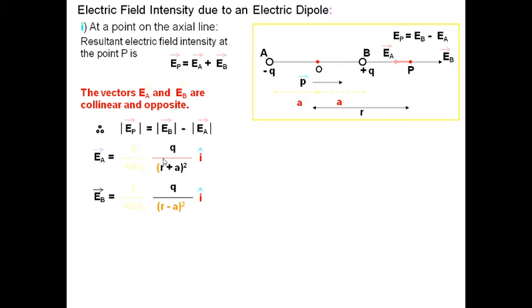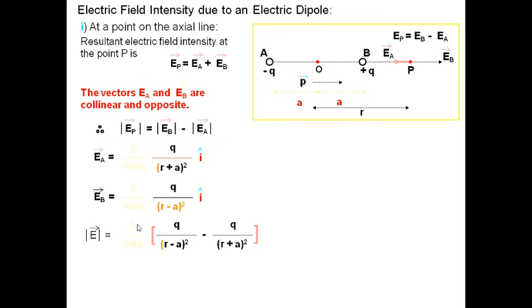If we calculate their magnitudes, removing the unit vector, you can check that there is r plus a in one denominator and r minus a in the other, so naturally EB is larger than EA, so EP is equal to EB minus EA.